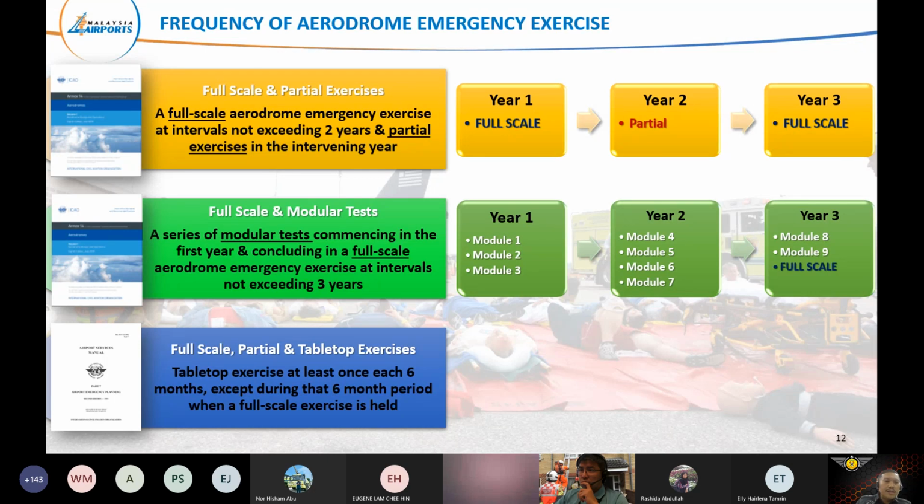So we have another option, as mentioned in Airport Services Manual Part 7: full-scale exercise, partial exercise, and tabletop exercise, whereby on top of full-scale and partial, we need to conduct a tabletop exercise at least once each 6 months, except during that 6-month period when a full-scale exercise is held.